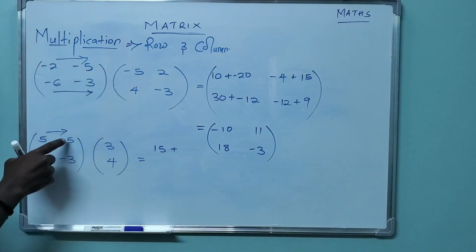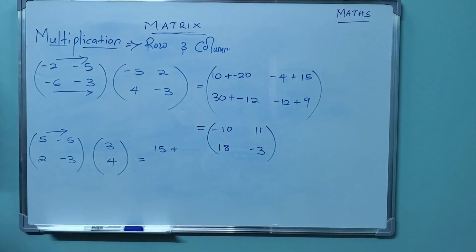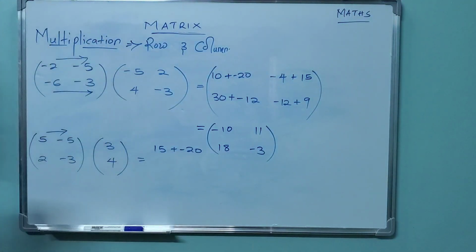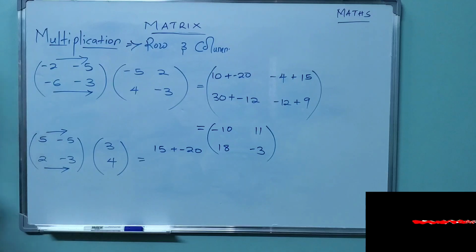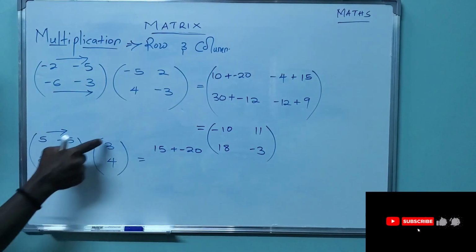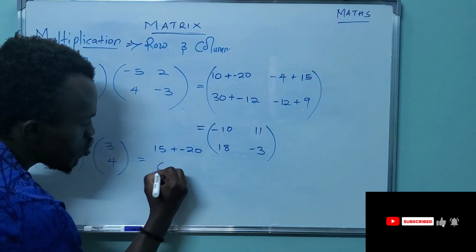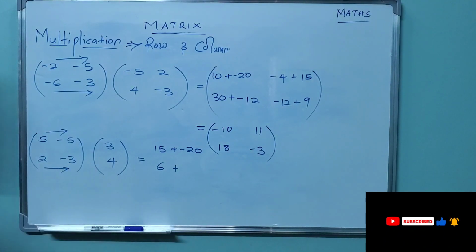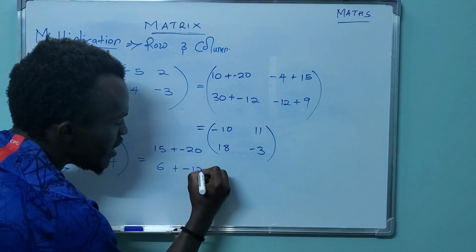Then plus -5 multiplied by 4, I'm going to have -20. I'm done with that one. I go to the lower one now. With the lower one, it is going to be 2 multiplied by 3, which is 6, plus -3 multiplied by 4, which is -12.